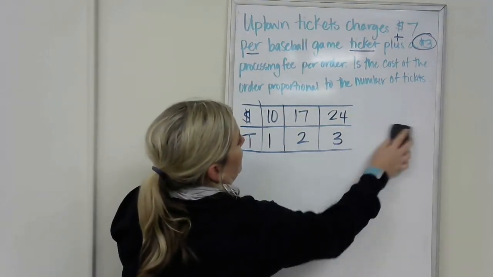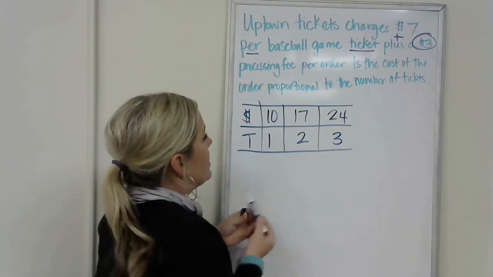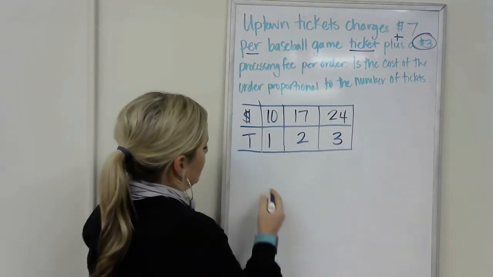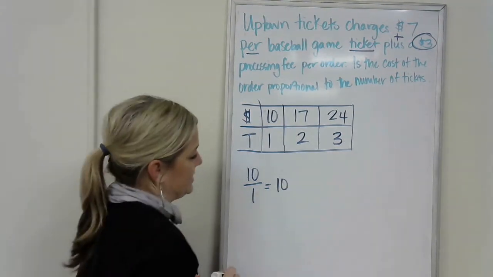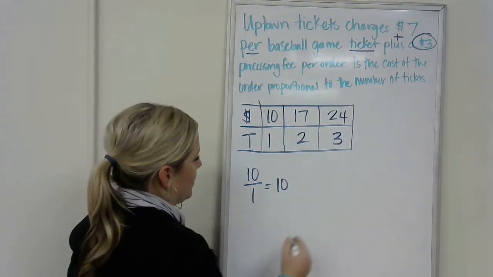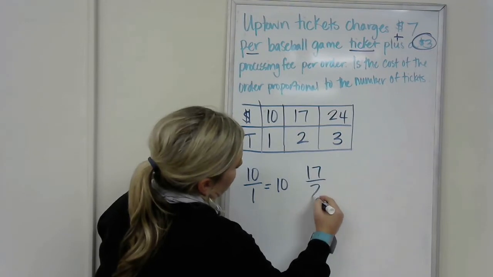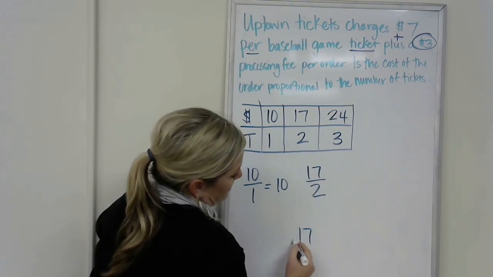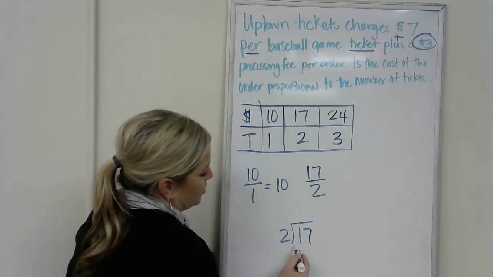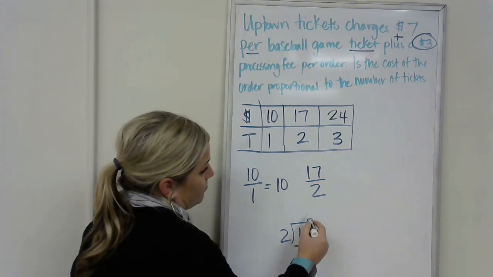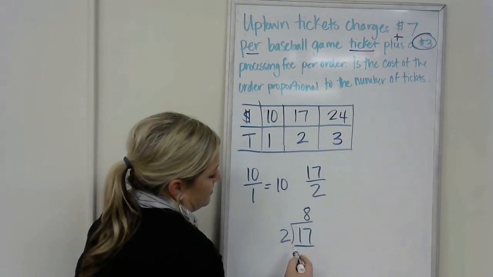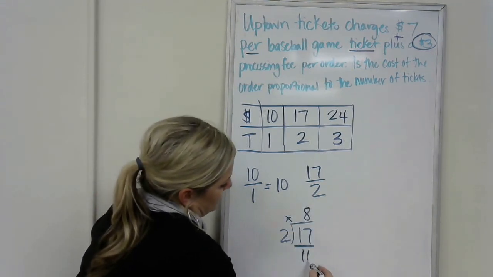Now we need to simplify our ratios and see if they are proportional. So we have 10 over 1, and that simplified is 10. 17 over 2. I'm going to T-bow this, see what I get. All right, 2 won't go into 1, but it will go into 17. 8 times 2 is 16.